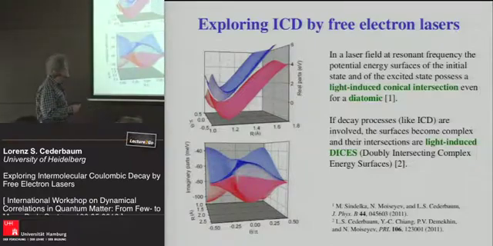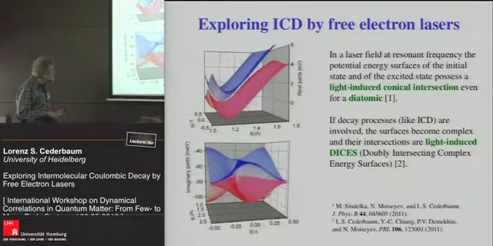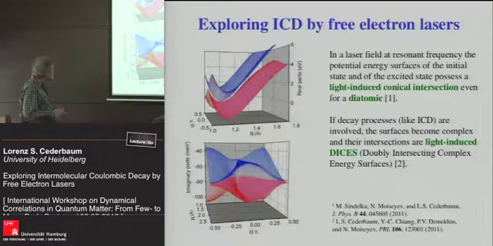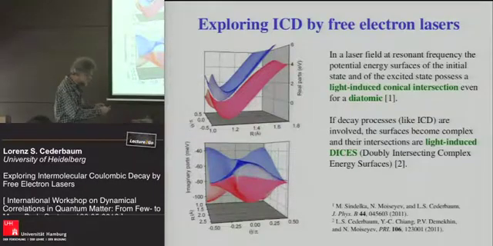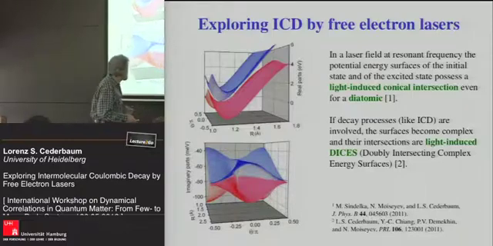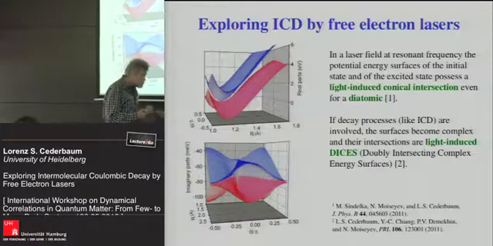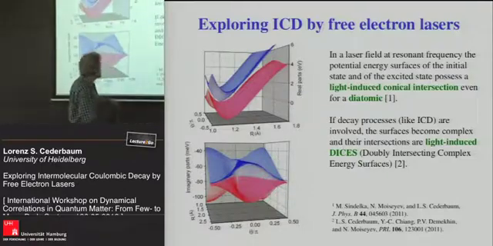And then, instead of a conical intersection, one has something which a long time ago, actually, I called doubly intersecting complex energy surfaces, because there are two intersections where both the real part and the imaginary part of the surfaces intersect at two points in the coordinate space. And the coordinates here are r and theta, so the vibrational coordinate and the rotational angle. And also at these two points, the non-adiabatic couplings are singular, like in the conical intersection.